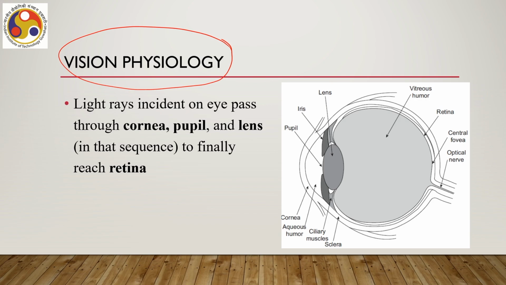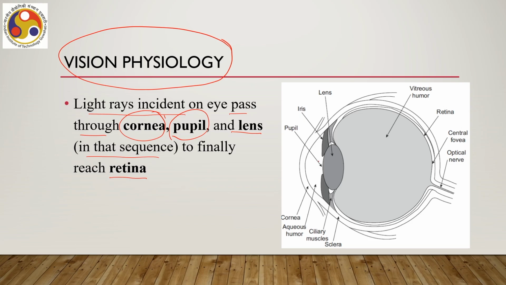As we have already said, light rays come to our eye after getting reflected from surfaces. The light rays that are incident on the eye pass through several components of the eye. One is the cornea, then we have the pupil and the lens. In that sequence, first cornea, then pupil, then lens, to finally reach another component that is called the retina.